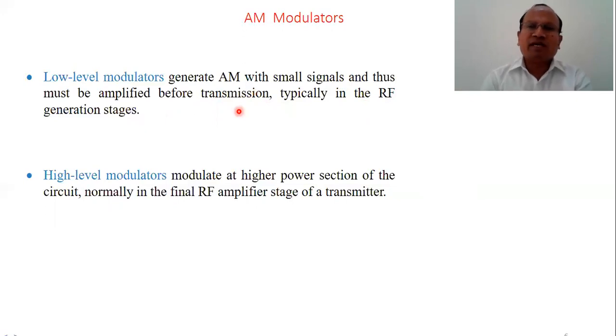So in low level modulator, the small signal is generated, whereas in high level modulator, the high power section of the circuit modulates the signal, and normally in the final RF stage of the transmitter, the amplification takes place.